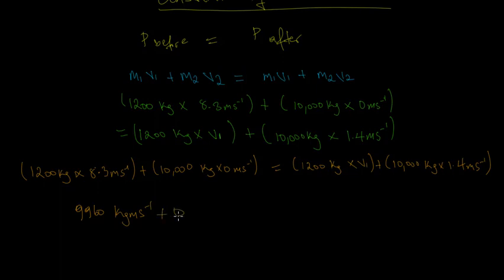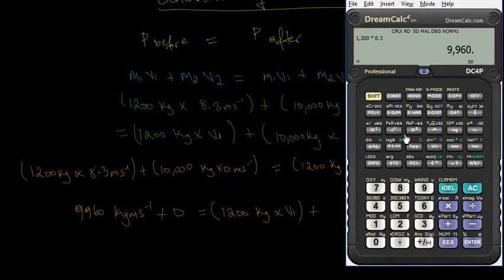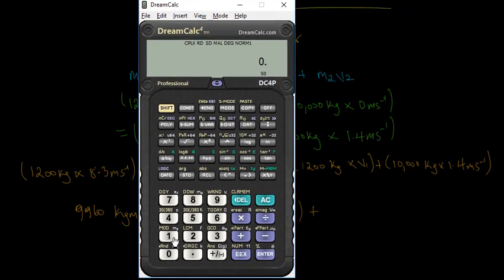So we say plus 0 is equal to 1200 kilograms times V1 plus, whenever we evaluate this, let's get out our calculator again. We'll take 10,000 multiplied by 1.4 and we get 14,000 kilogram meters per second.